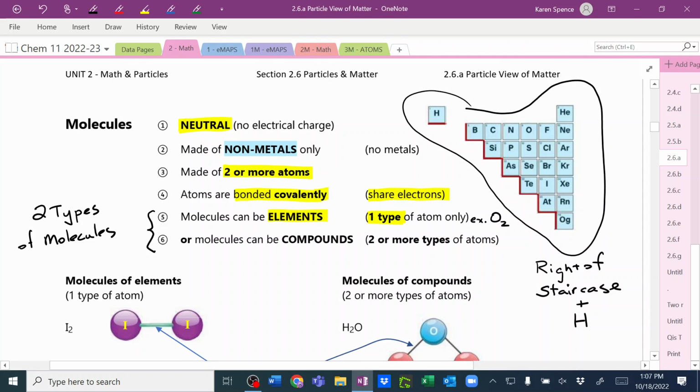Or you can have molecules which are compounds. And if you have a compound, that means you have two or more types of atoms. So that could be like H2O, for example, where you have both hydrogen and oxygen.